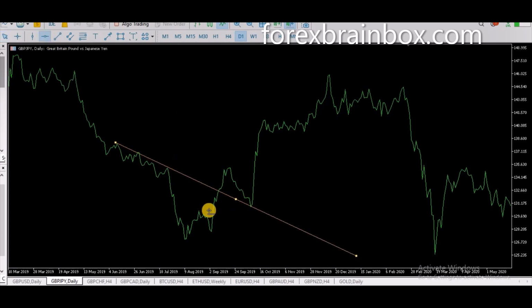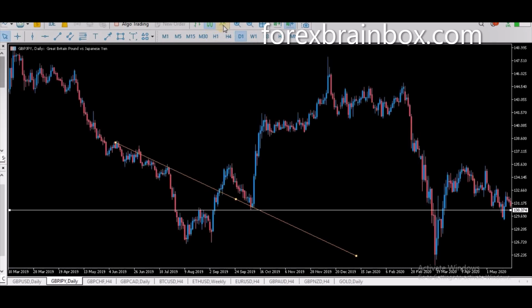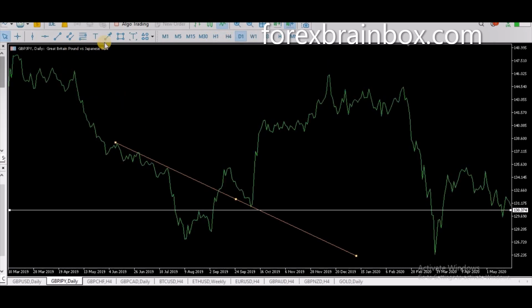And like I said, you add your horizontal line. Yes, I added it based on this peak I saw here, believing that price will return back to this level.